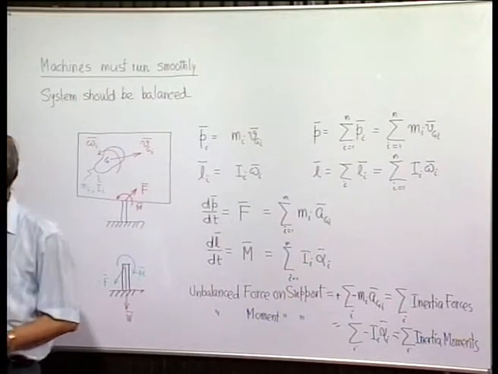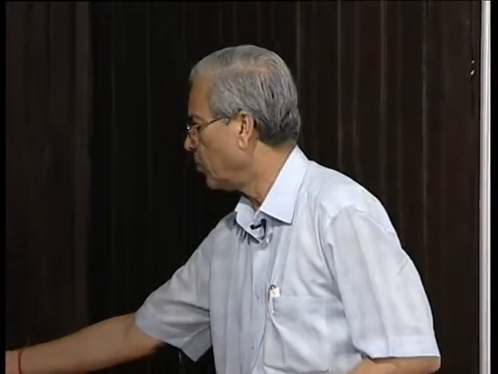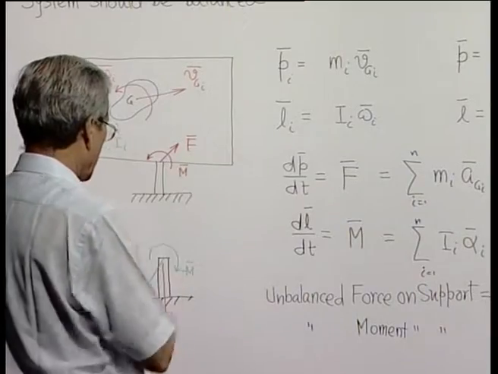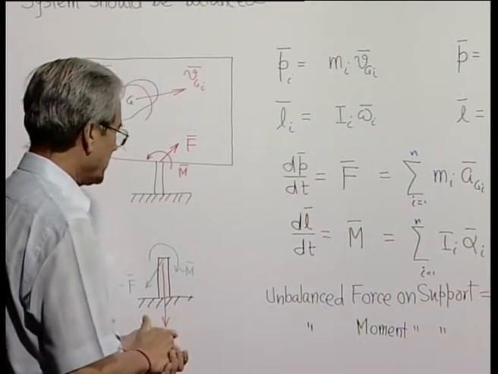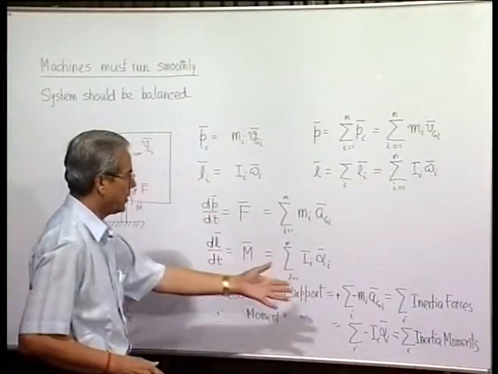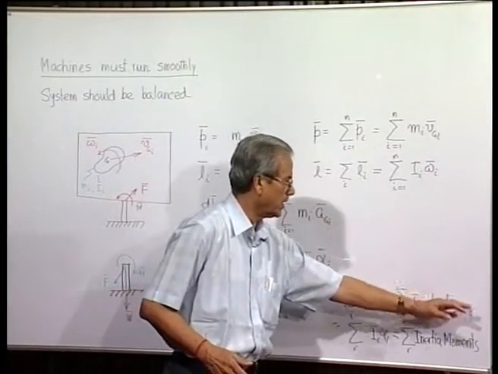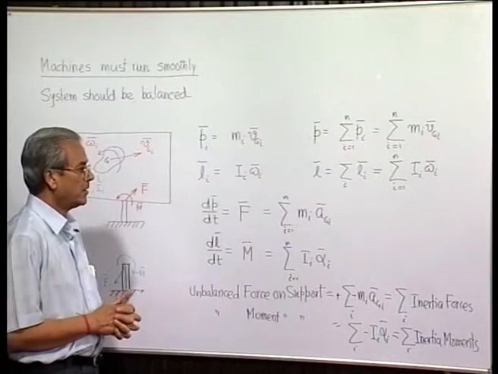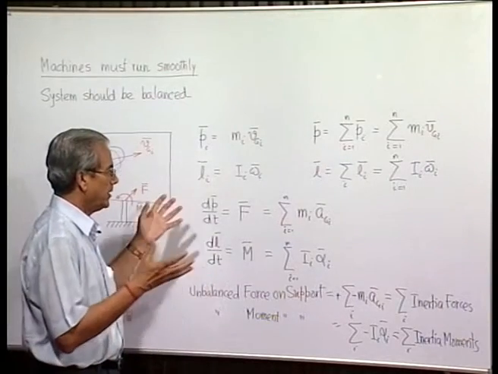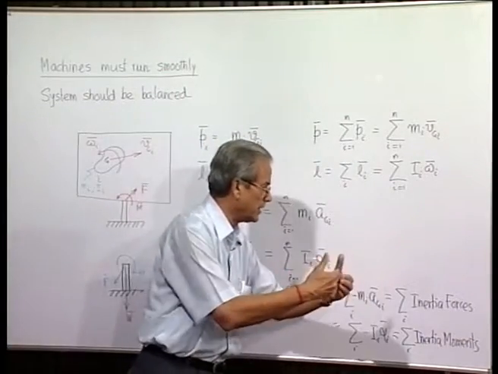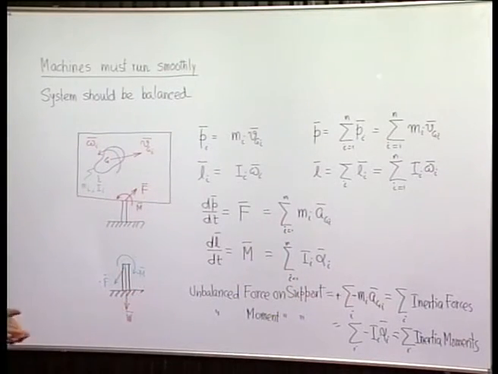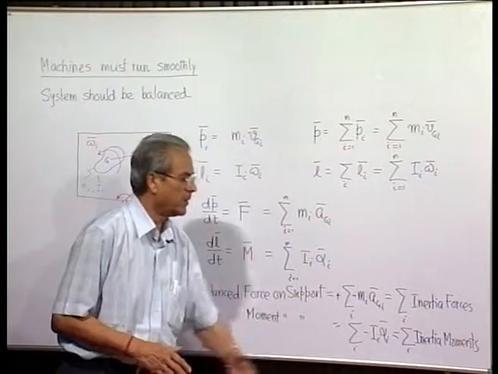So, as I mentioned just now, there are two ways we can have no resultant inertia unbalanced force acting on the support: either the individual inertia forces are balanced or rather 0, or they neutralize each other when there are more than one system, same with inertia moments.